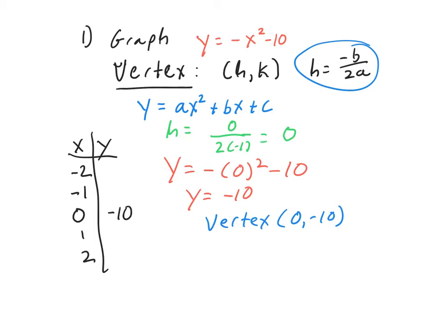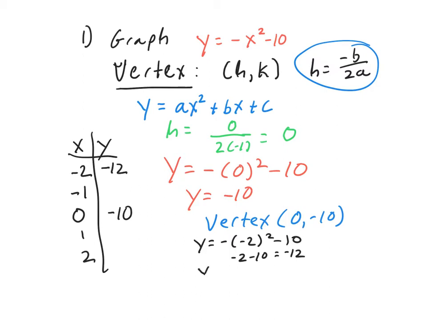If we put 2 in, we'll get y is equal to negative 2 squared minus 10. Negative 2 squared is 2, but then it becomes negative again, so it's negative 2 minus 10, which is negative 12. So we get negative 12 here.